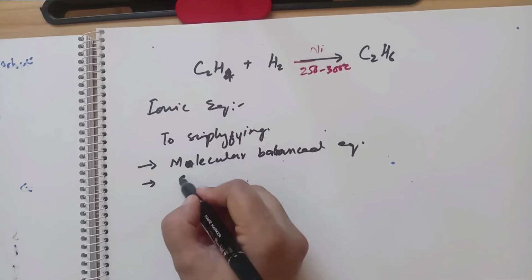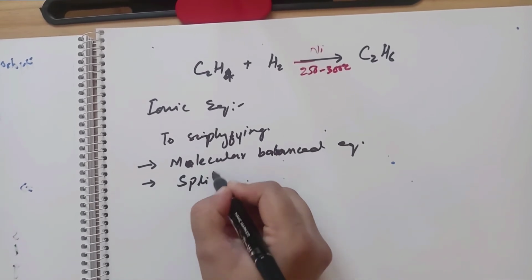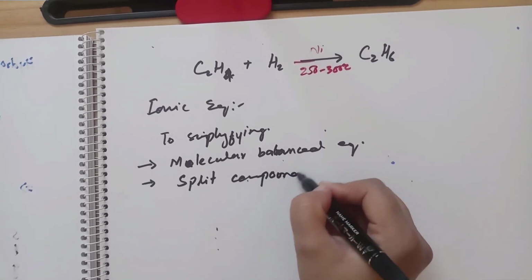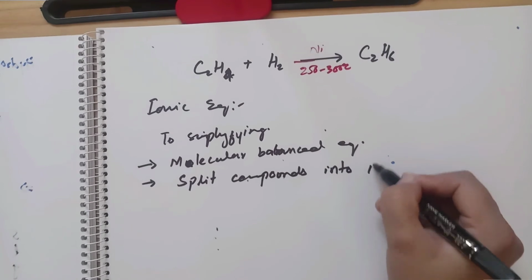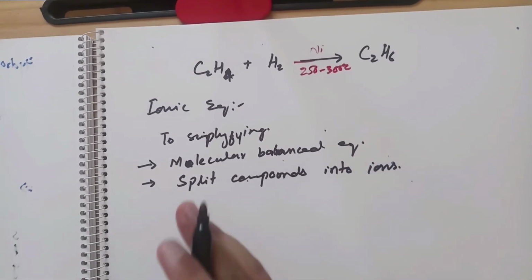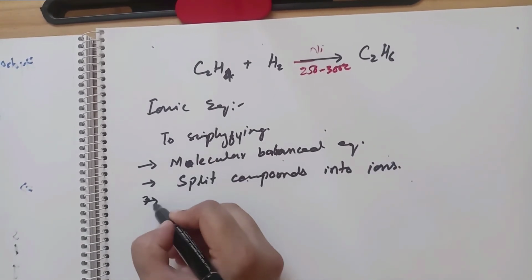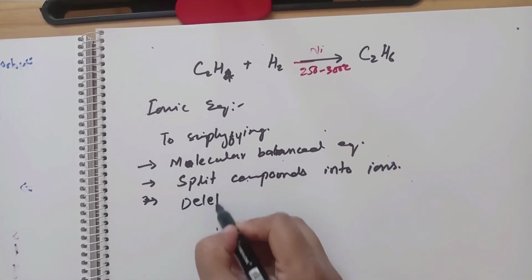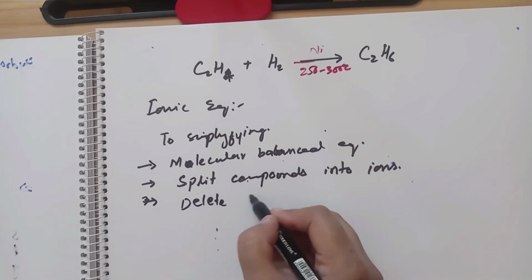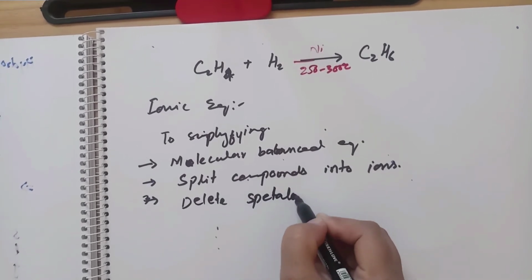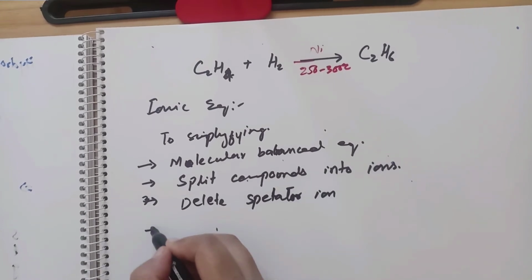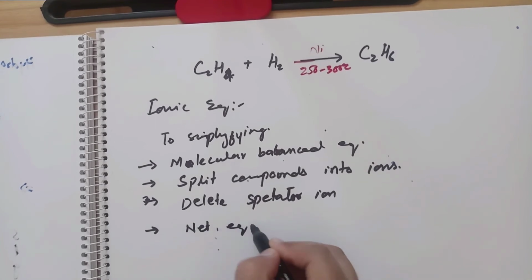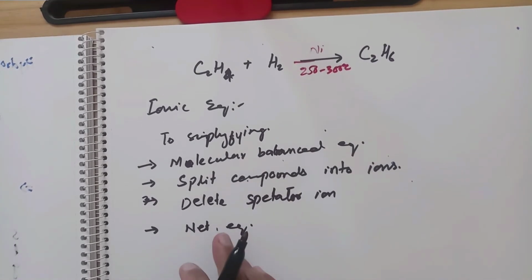Number 2, split compounds into their ions. Is it clear? Number 3, the next step is delete the spectator ions. And the last step is write the net equation. Is it clear how it will be done?